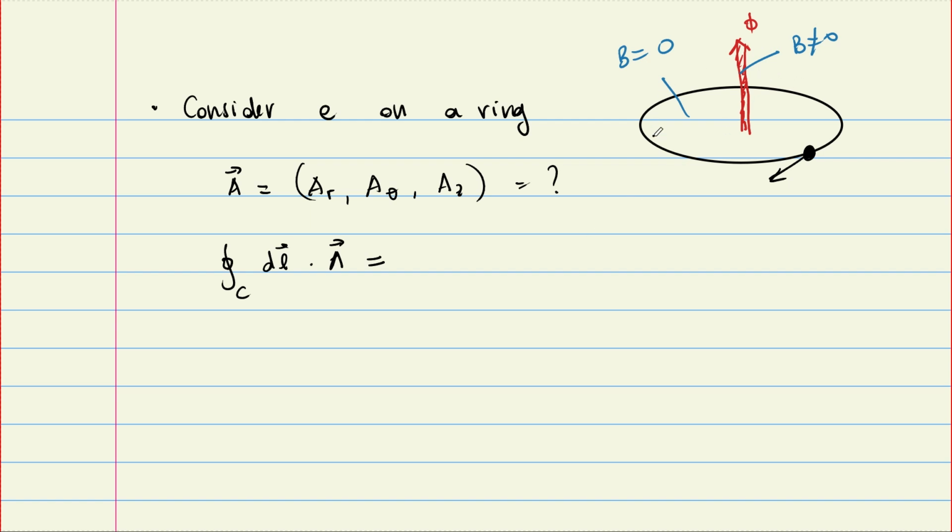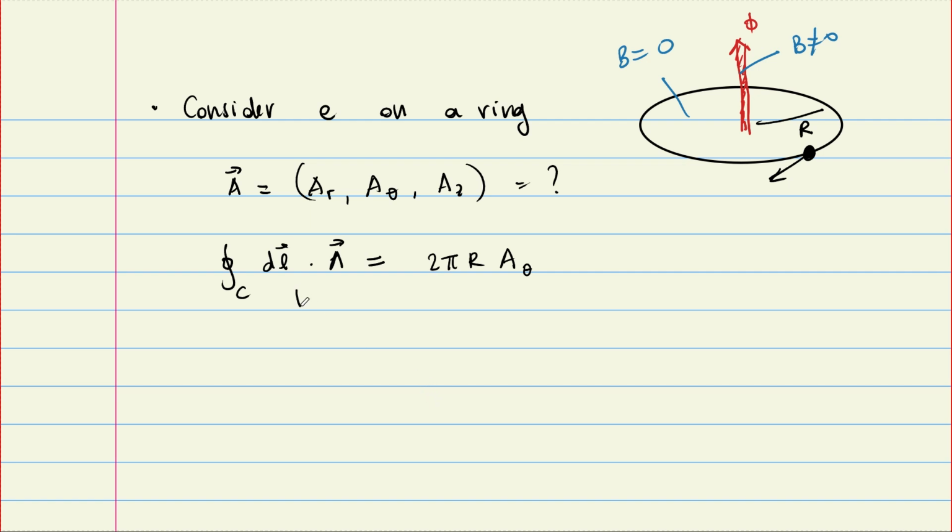So this is only the loop, right? And we are going to say A is constant around the loop. So then it is going to be 2 pi r, let's call this radius r, 2 pi r times A theta at that location.